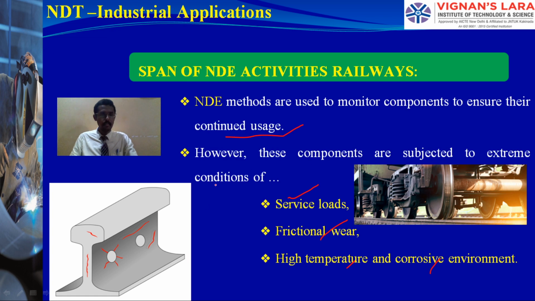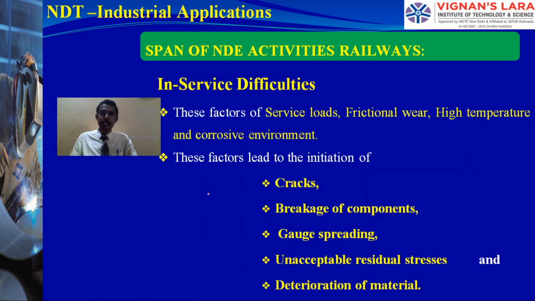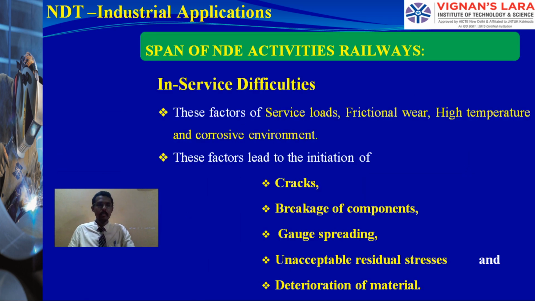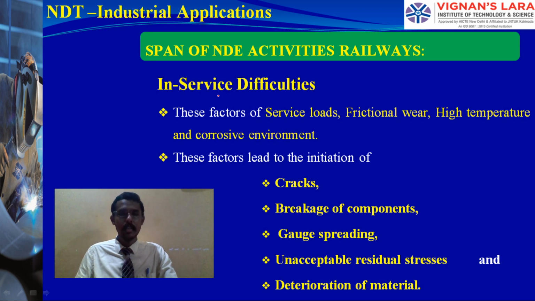At the left image, I have shown some of the cracks on various sections of the railway tracks. Next, we are going to talk about in-service difficulties. These in-service factors, like service loads and frictional wear, which we discussed in the previous slide, happen when the railway is running on the track: service loads, friction wear, high temperature due to friction, or corrosion due to weather conditions.